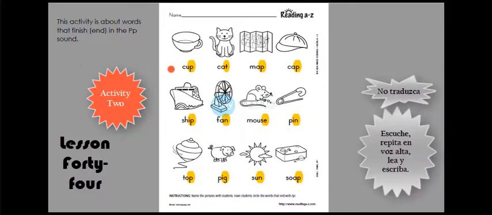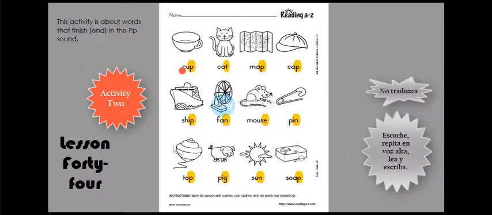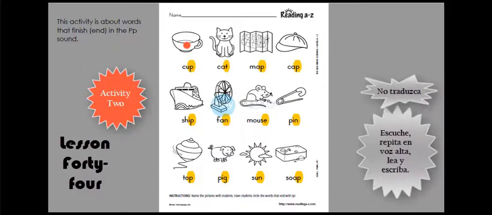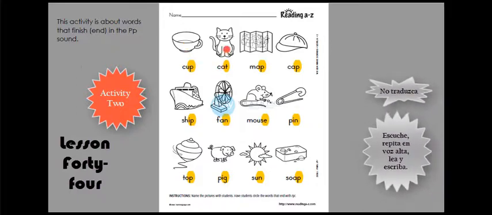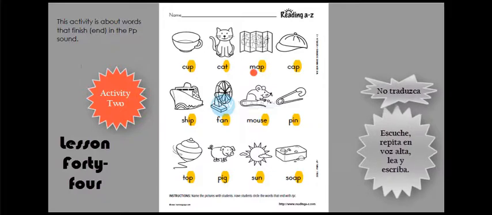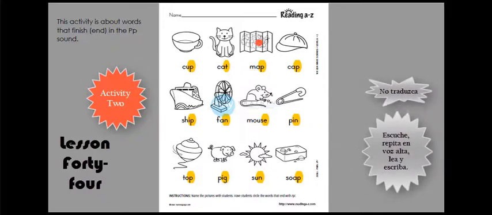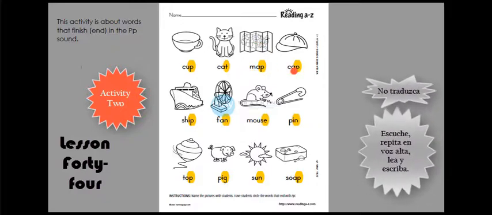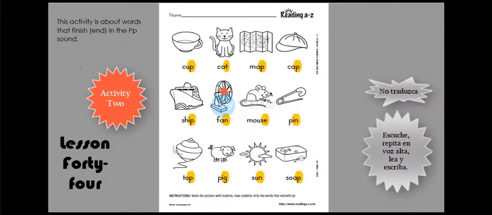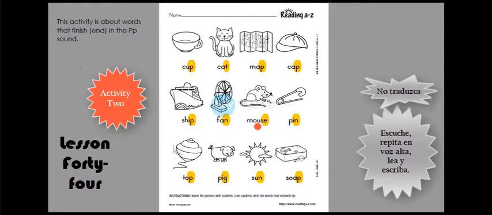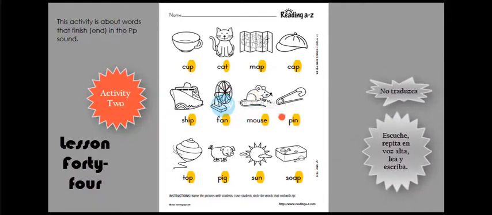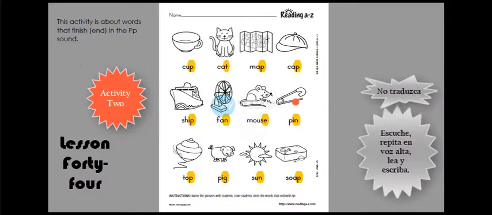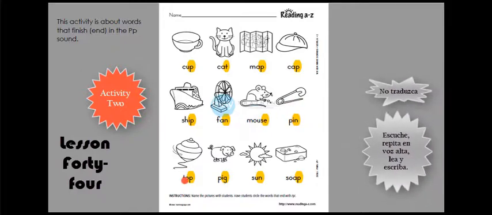We can see cup. This is a cup. Cat. This is a cat. Map. This is a map. Cap. This is a cap. Ship. This is a ship. Fan. This is a fan. Mouse. Here is a mouse. Pin. Here is a pin. Top.